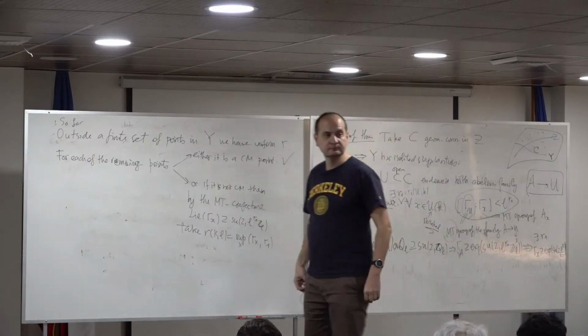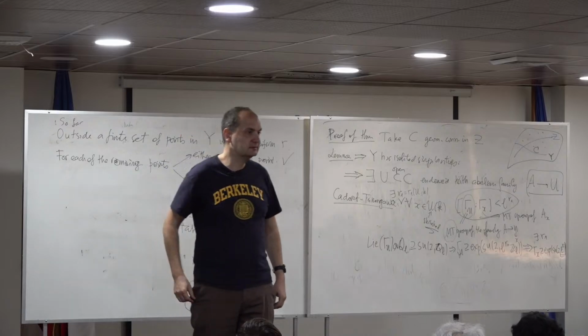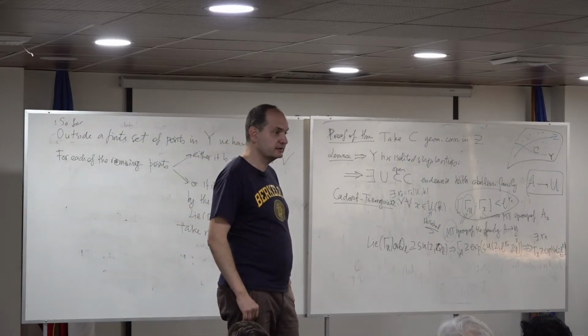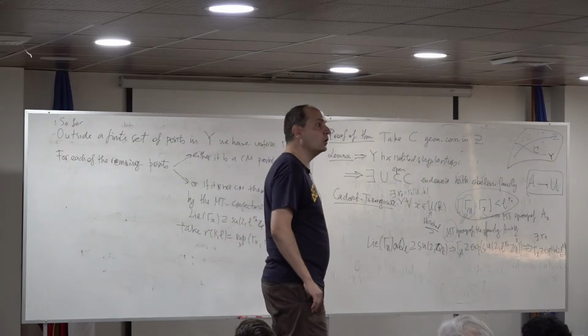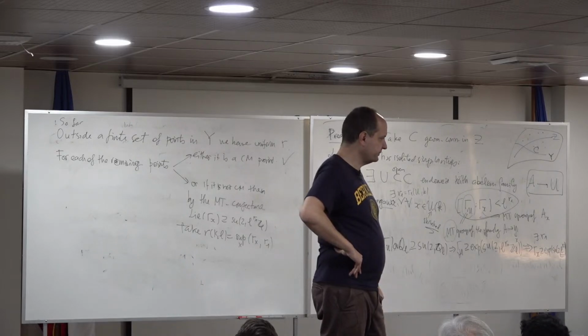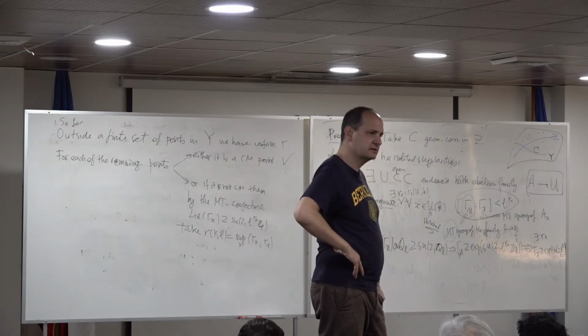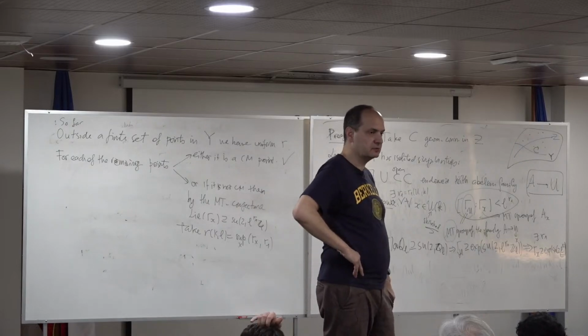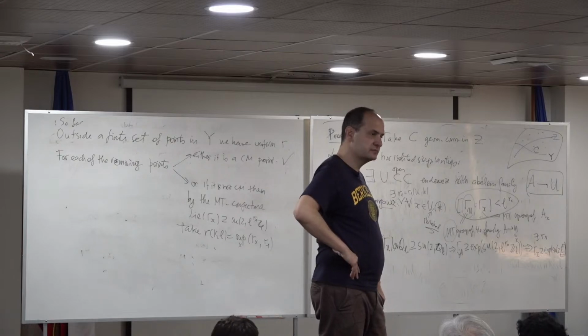Do you know anything about the rank of the Albanese? Yeah, the rank, you mean the irregularity? Oh, the model. So the Albanese in this case is completely determined by CM factors. Although the Picard modular surfaces are much more complicated than modular curves, their Albanese are much simpler than the Jacobian.